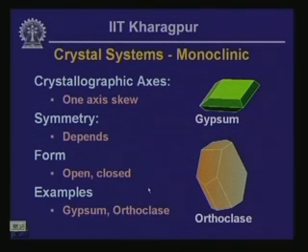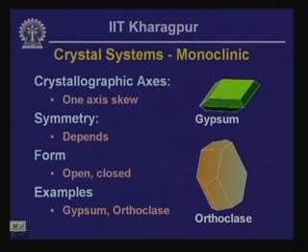The next of the crystal systems is called the monoclinic crystal system. The name makes it very clear what is meant by this type of geometry. Mono means one and clinic means inclined. So, here one of the axes is going to be skew to the other axes. The symmetry requirement really depends on the crystal type that you are considering.